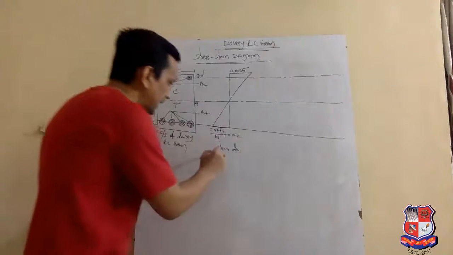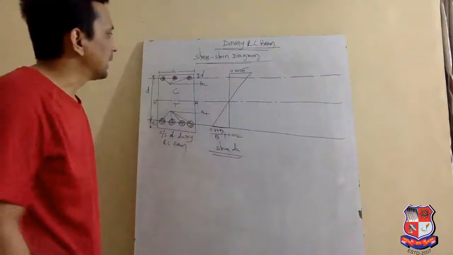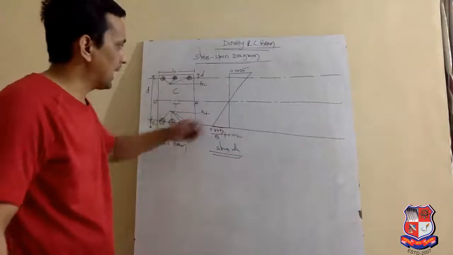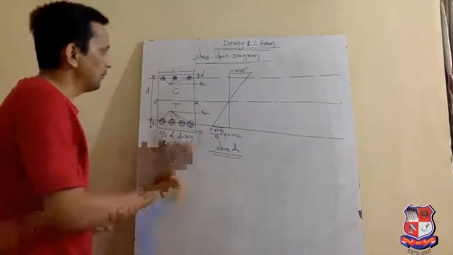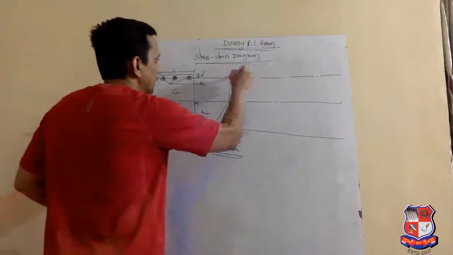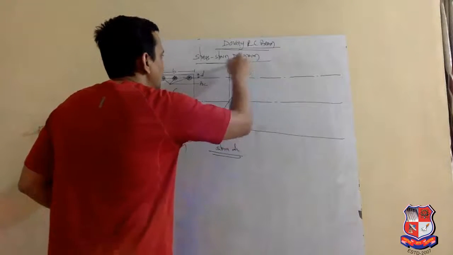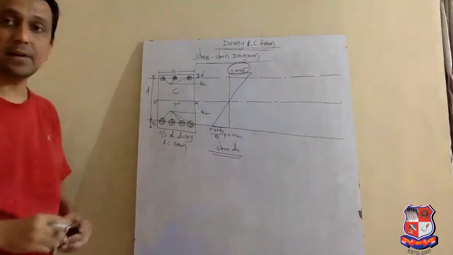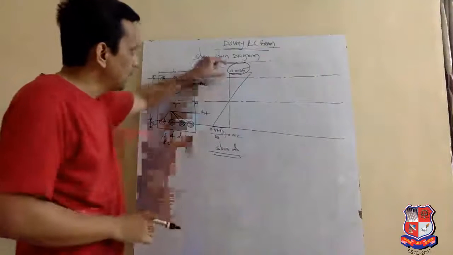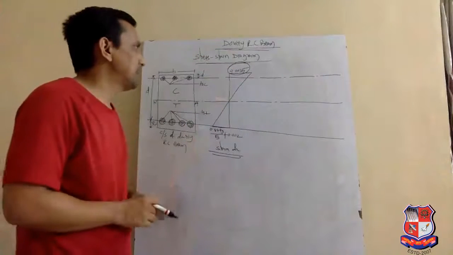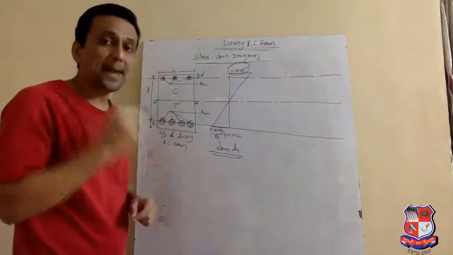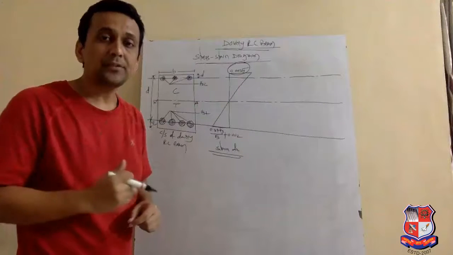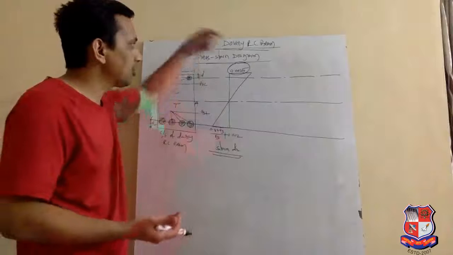So the strain diagram of the doubly reinforced concrete beam will look like this. First we will see what this 0.0035 means. 0.0035 is the maximum compressive strain in concrete.